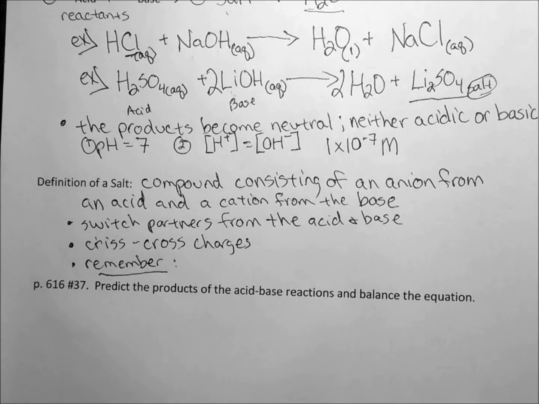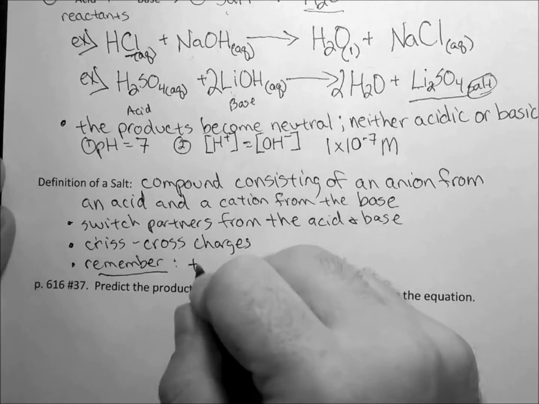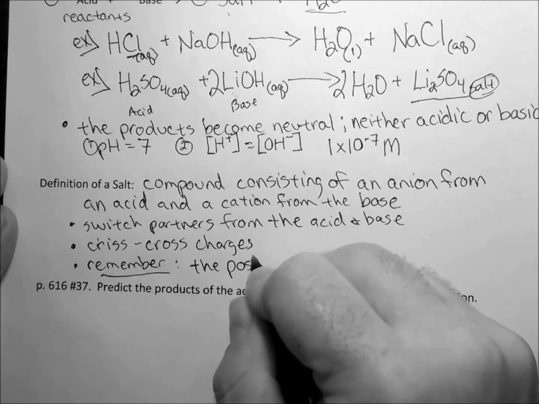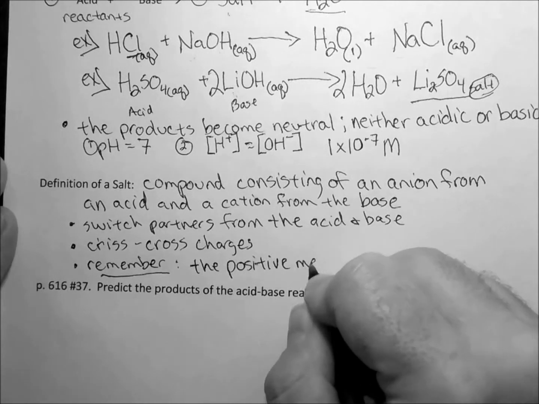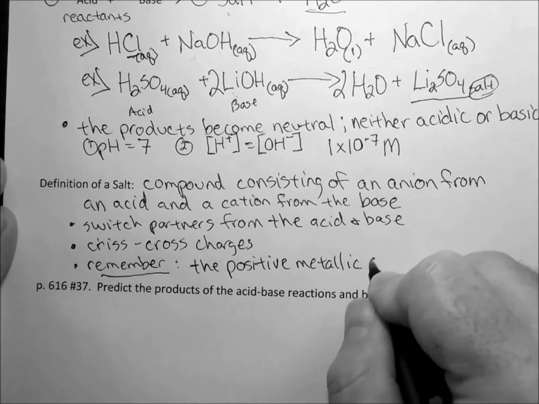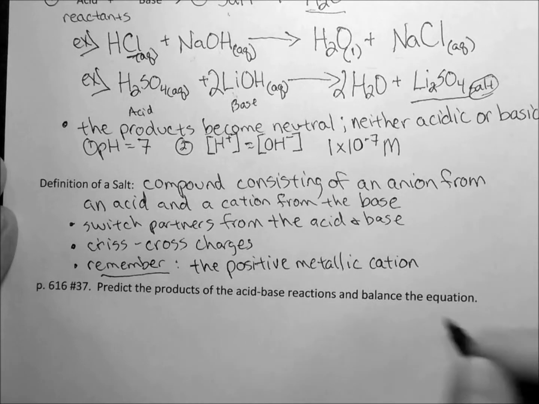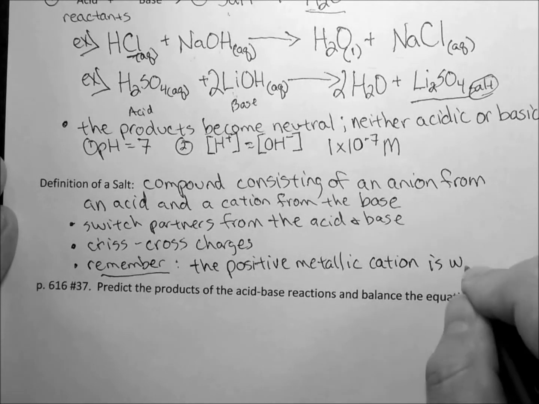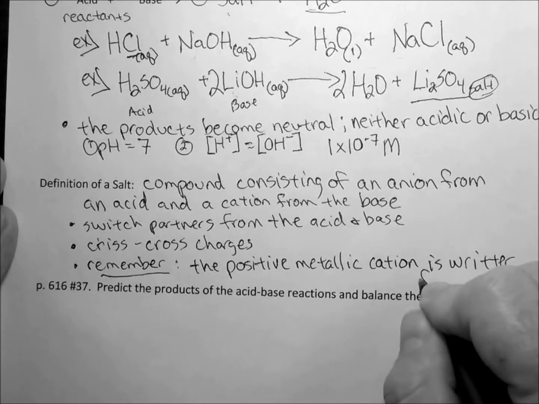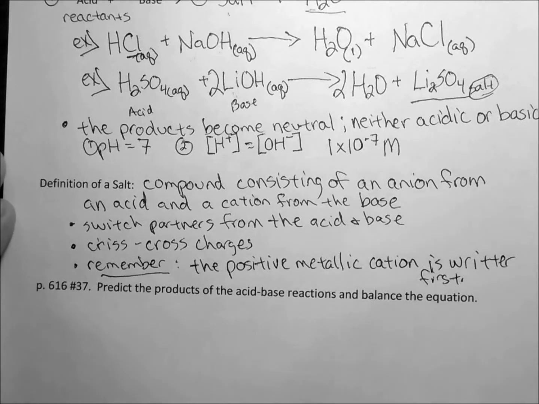And finally, just remember the positive metal cation is always the first symbol in your formula. It is not SO4 Li2. It has to be the Li first, and then the SO4. Positive metallic cation is written first.